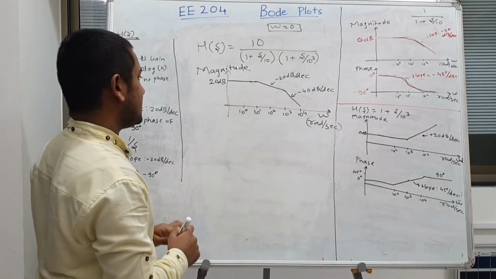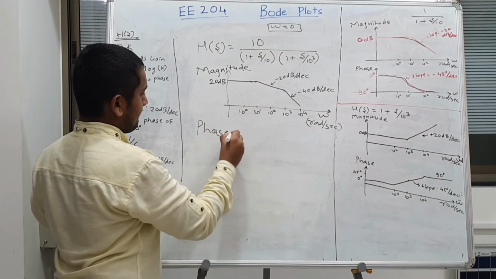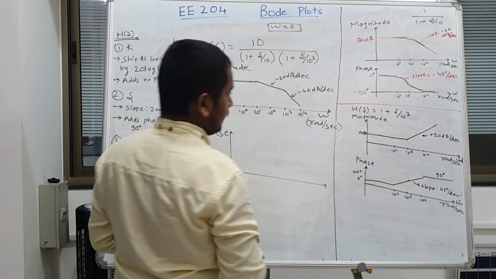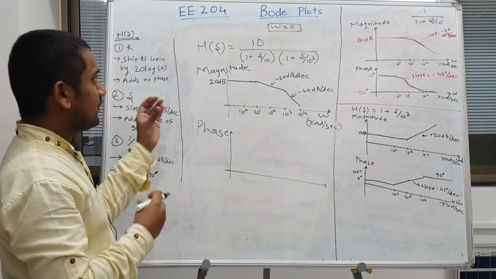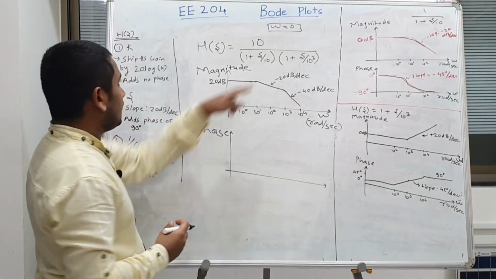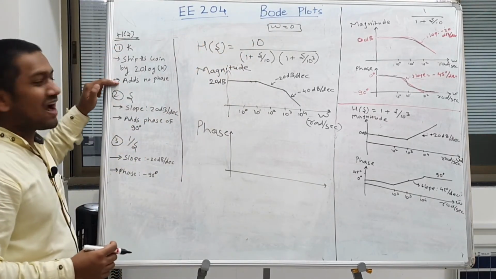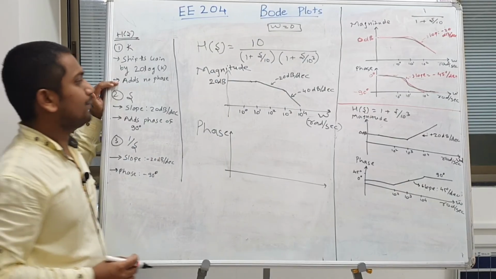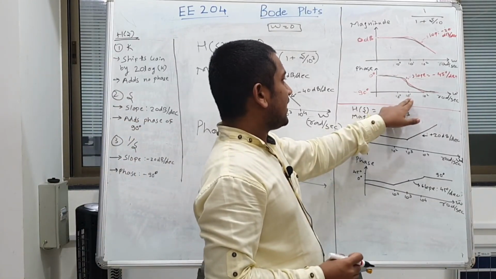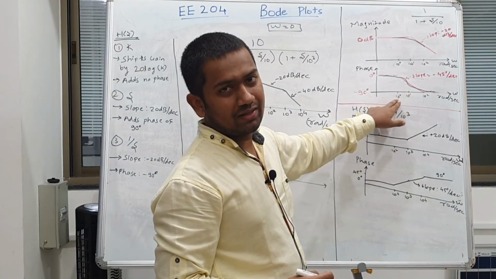Now let's look at the phase plot. We know that phases of individual terms will add together. Let's look at what happens with the constant term. The constant term adds no phase. Now the first pole. The pole's effect will start at a frequency which is 10 times smaller than it.